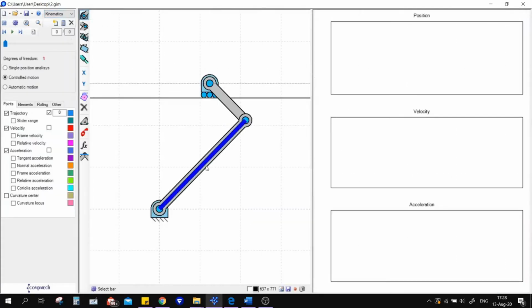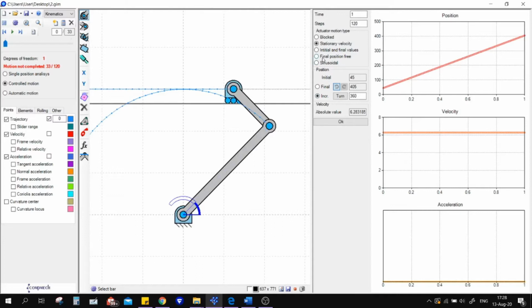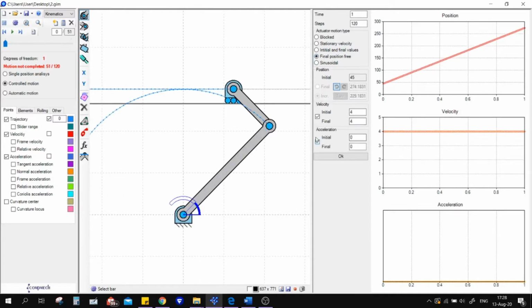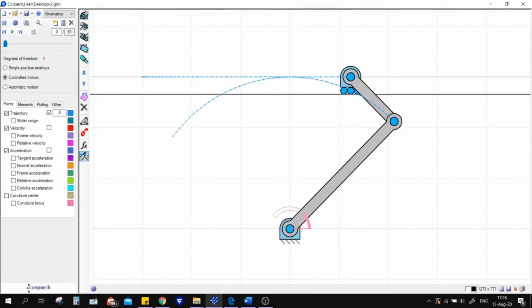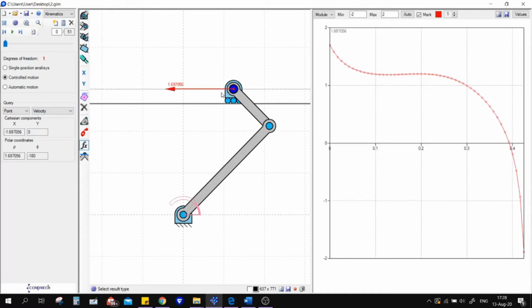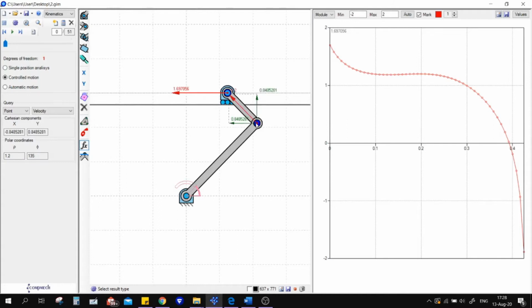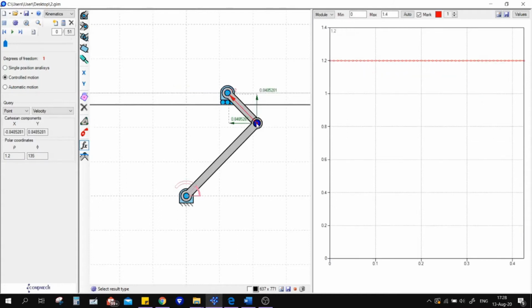We set the angular velocity for AB to 4 with no acceleration. Then we can straight away get the result that we want. The velocity at C is 1.697056 meters per second, and for point B we get 1.2 meters per second.